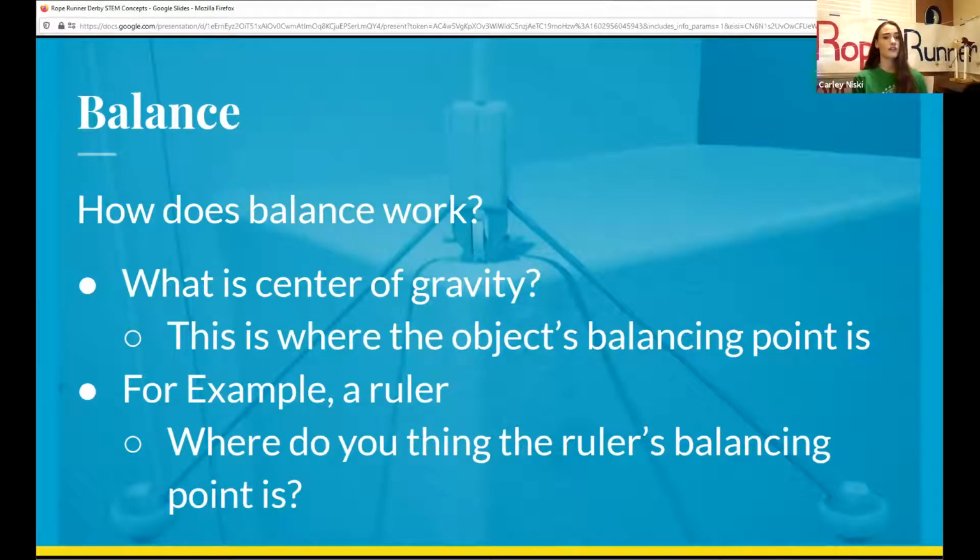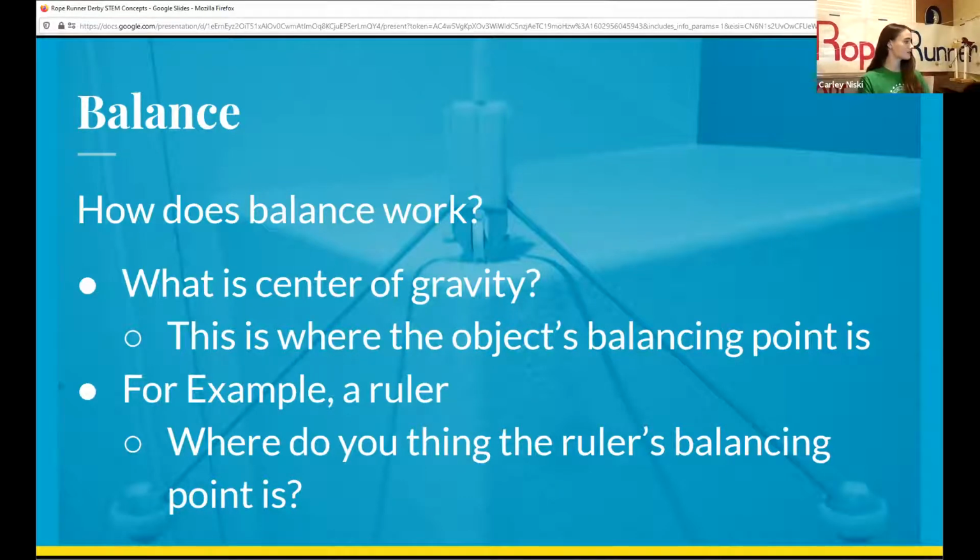It is also why when the balancing point crosses the center of the rope, or when the rope runner is unbalanced, it falls over, it tips to the side. Most balancing points are halfway across an object, and it's where the mass or the weight are equal on both sides of that balancing point.